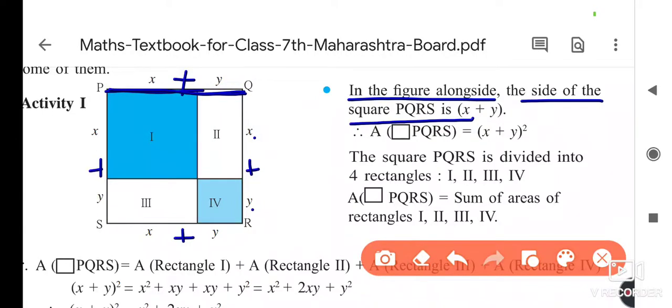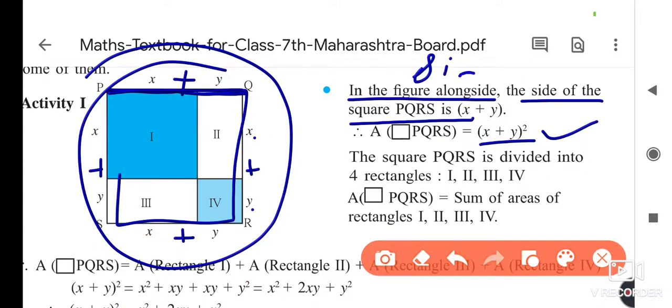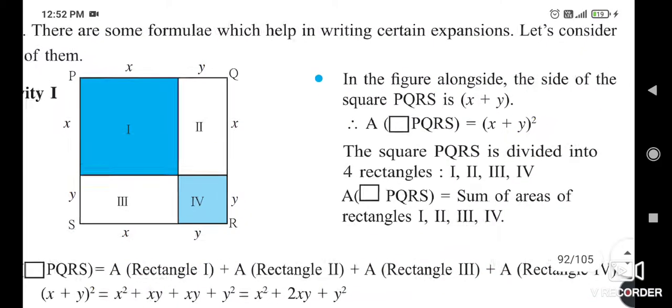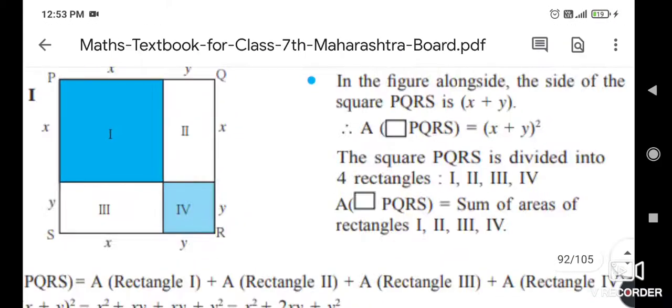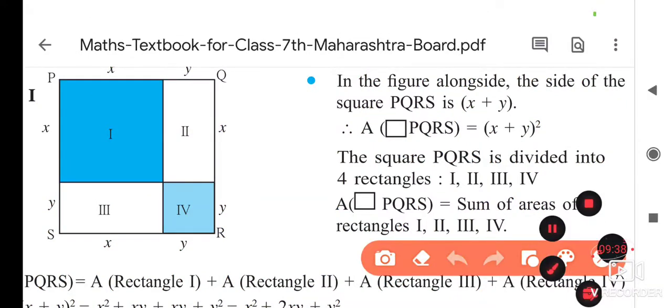So this whole square PQRS is equal to x plus y bracket square. Clear? The area of PQRS, what is its formula? Area of square is equal to side square. It is a square whose side is x plus y, that's why the area of PQRS is x plus y bracket square. Now here what they have done is divide this square into 4 parts.